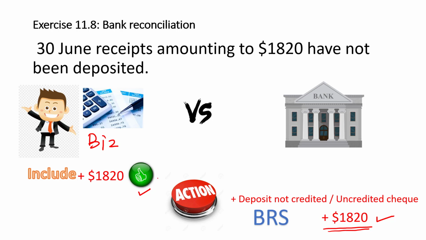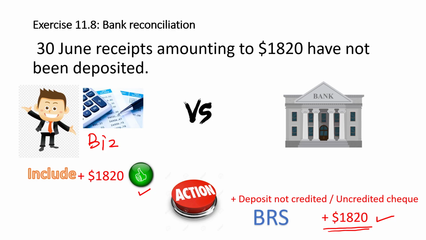However, we are not able to send the check to the bank immediately. Maybe we send it next week. So in the bank record, they don't have this record. That's why our bank record was understated. So we need to make a note there: add deposit not credited, or uncredited check, the amount is plus 1,820.